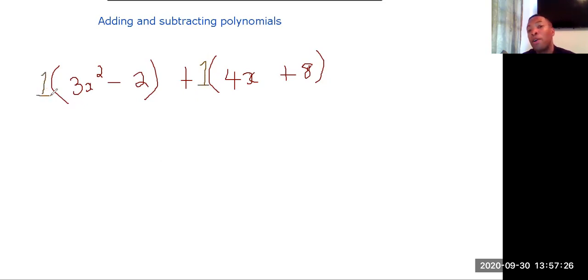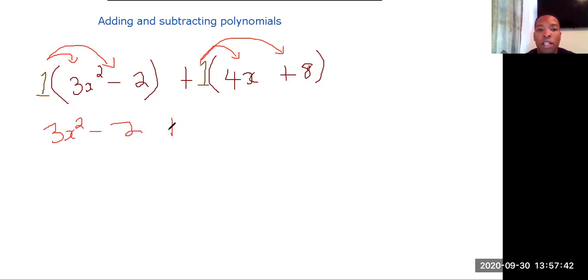Just like I would regularly with the distributive property, I would do the distributive property for these, so I could get rid of the parentheses. In reality, this is saying 3x squared minus 2 plus 1 times 4x is 4x plus 8.